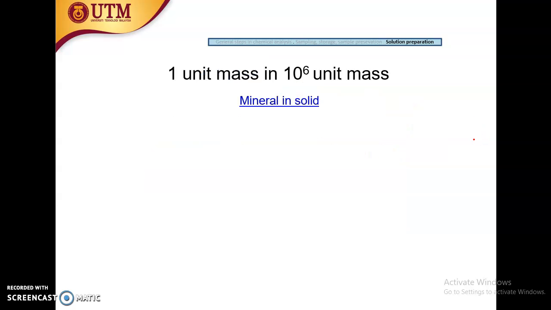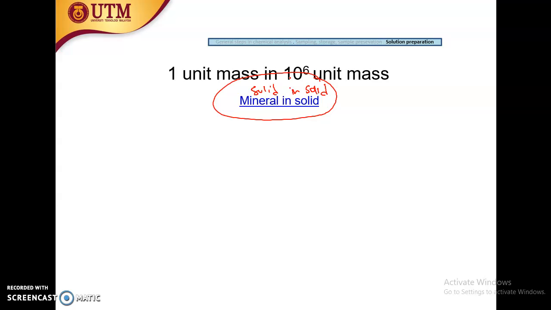And then what if you want to use milligram per gram? Milligram per gram is usually for minerals, solid in solid. This is not used a lot because remember, in quantitative chemical analysis, we are doing analysis on solutions.